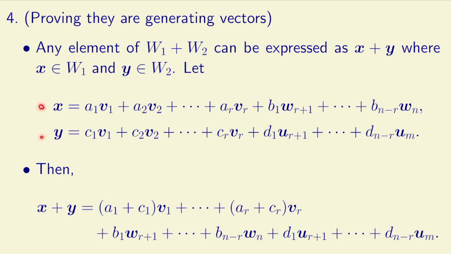Now, let's add them together. Then we have this. X plus y is this. So a1, c1, a2, c2, and so on, and b1 and so on, and d1 and so on, we have this. So this is a linear combination of the vectors in B total.